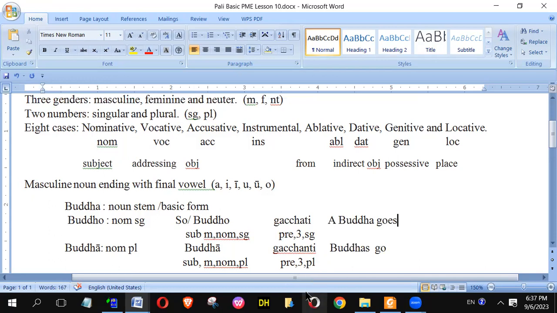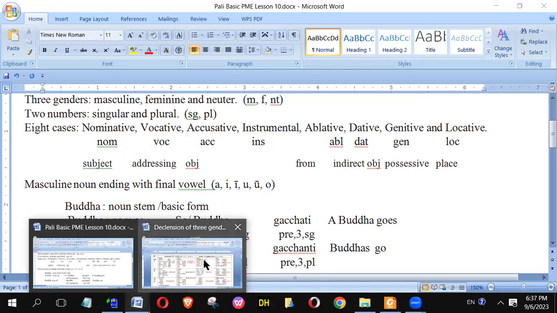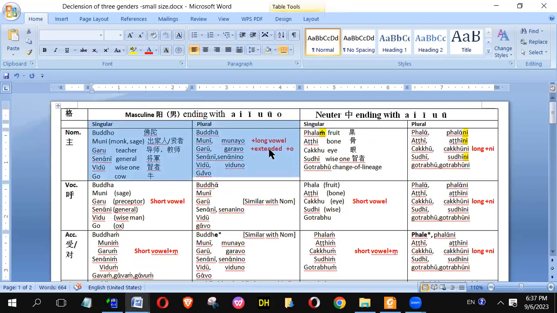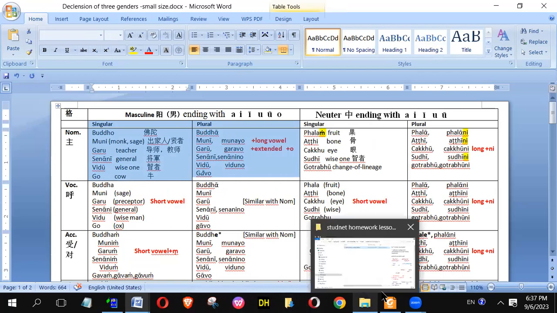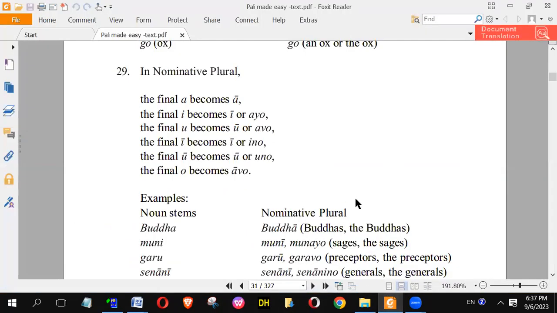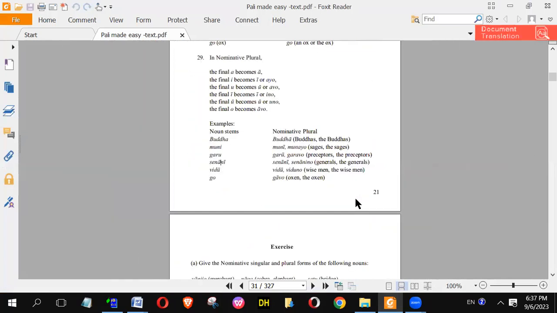Okay, so if we look at the table, you find this table at the back of the book, all right? So what I do is I put everything together. But if you go to Pali Made Easy, you find this declension at the end of the book. So which page? Anybody know the page where they put the declension?